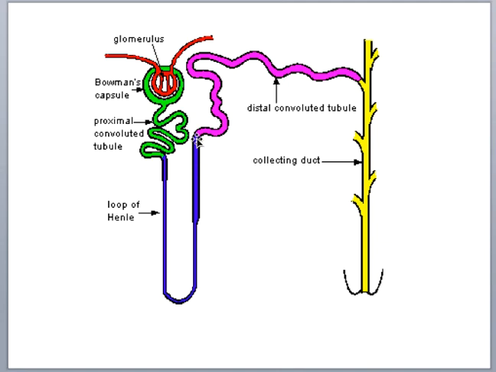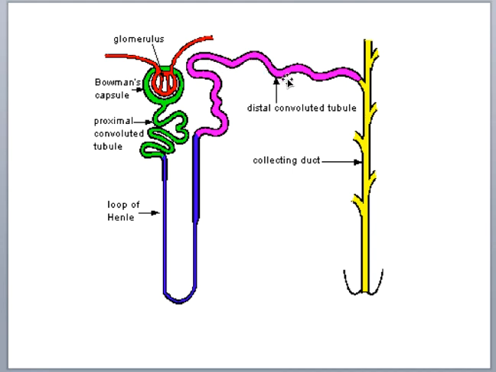And then once it gets back into the cortex, so if I drew a dotted line across here, the proximal and the distal convoluted tubules would be primarily located in the cortex, and then the loop of Henle would be what dips down into the medulla. So descending loop of Henle, ascending loop of Henle, and then this purple is the distal convoluted tubule, distal because it's not directly attached to the renal corpuscle.